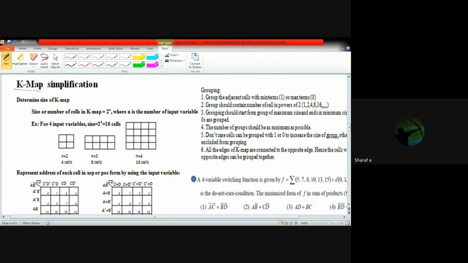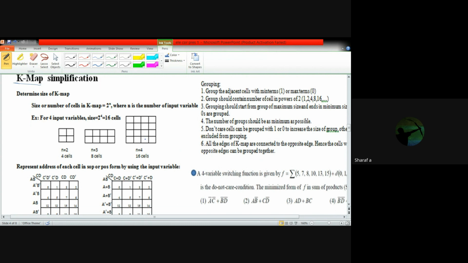You can also use the theorems or laws that we have discussed earlier to simplify that long expression, but that method is much more complicated, because you should know all the theorems and apply them between the steps. Sometimes the steps can go wrong also. So the K-map is much more easy.